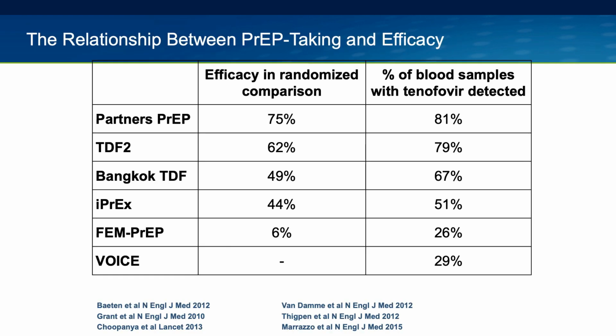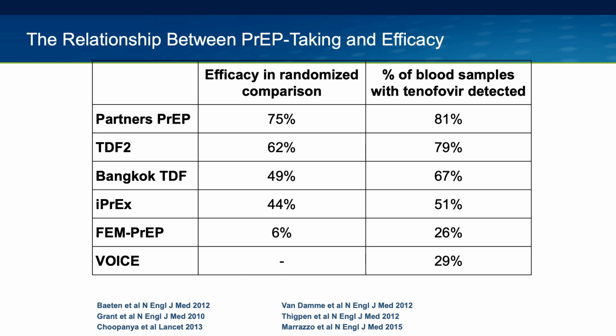So this is review for everybody. This is a slide that I show in my PrEP 101 talks. This is a table showing the initial randomized clinical trials that were released in the early 2000s that showed a really nice relationship between what was shown to be efficacy in the modified intent-to-treat analyses, and whether or not tenofovir was detectable in specimens in people who were supposed to be taking tenofovir who had been randomized to tenofovir.